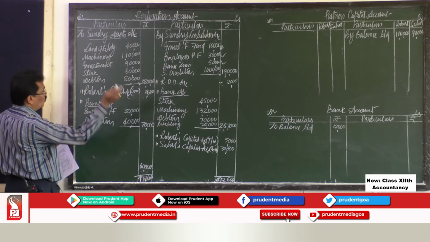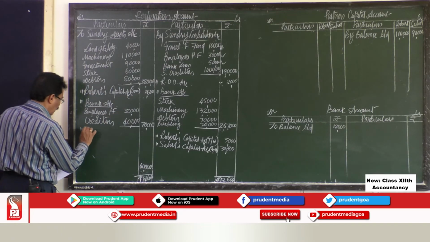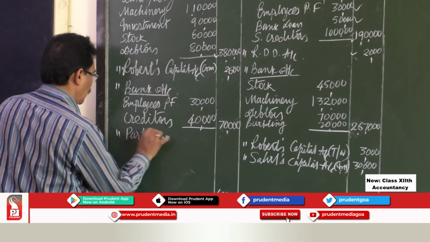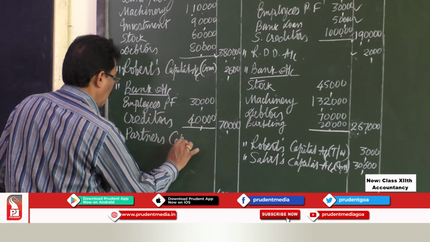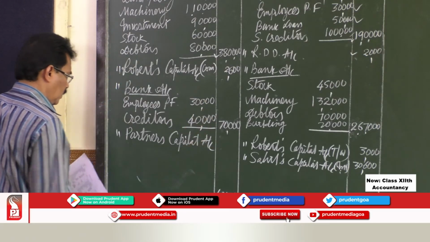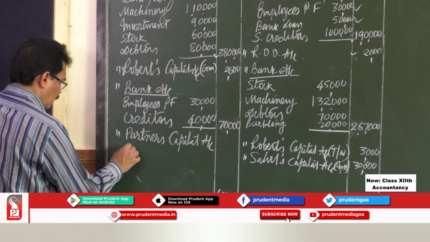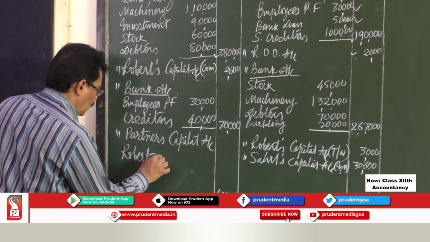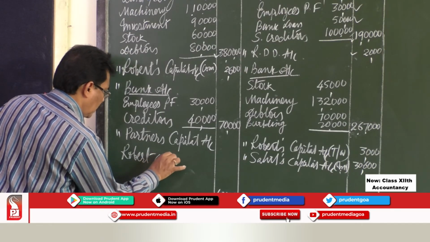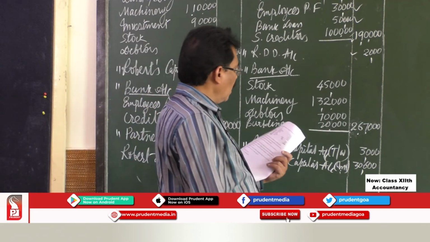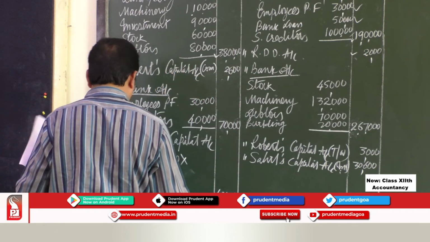So this should be transferred to the partners' capital account. Partners are Robert and Sahil. Out of the 40,000 profit, they are sharing profits and losses in the ratio of 3:2.